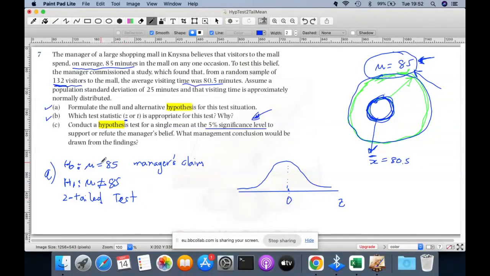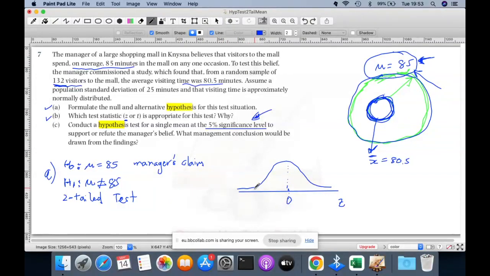What you need to remember is if ever you have this sign in your H0, then it's a two-tailed test. Otherwise, it's a one-tailed test, and I'll come to that in the next example. All you need to remember right now is if you see this sign in your H0, it means it's a two-tailed test. So what's so special about a two-tailed test? Well, a two-tailed test means there are two rejection regions.